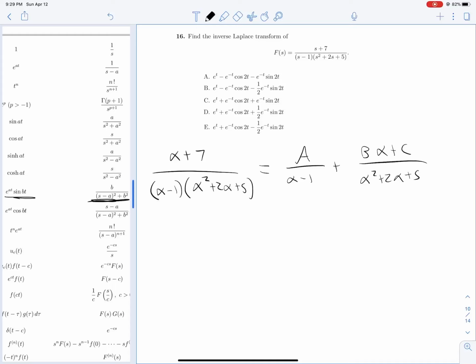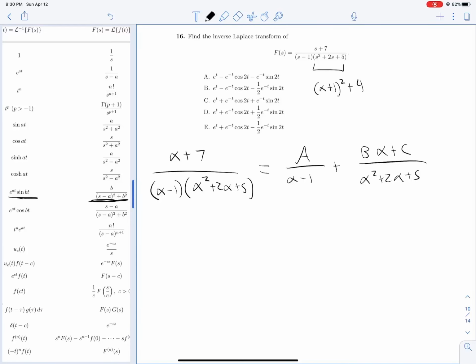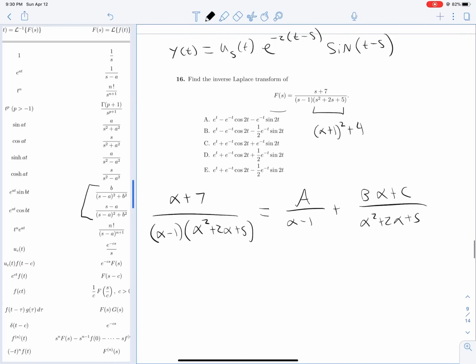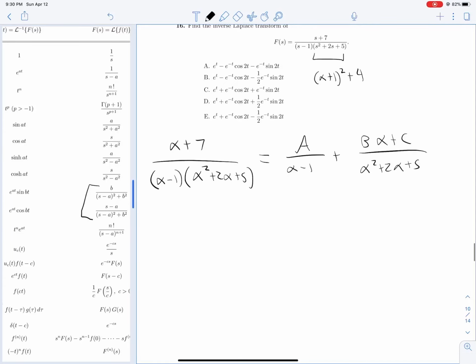But here, this is kind of a special case because we can change this term up to alpha plus 1 squared plus 4, which will be very nice if the term that ends up on top of it is something that we can use for either of these inverse Laplace transforms. And given that we're seeing sines and cosines here, I think it's relatively likely. Okay, let's get going with this.